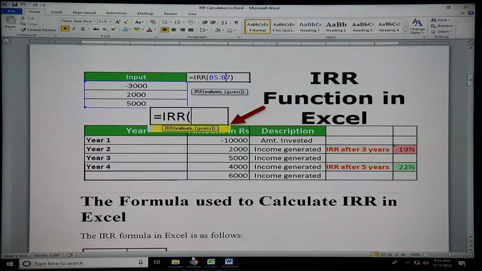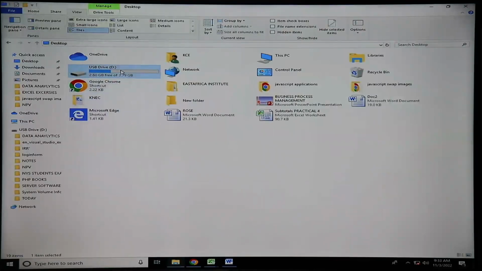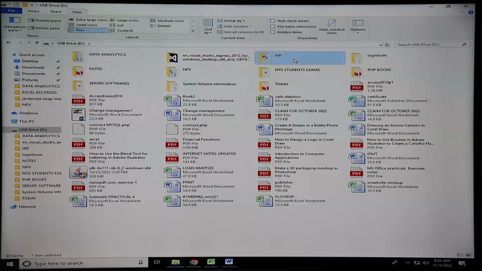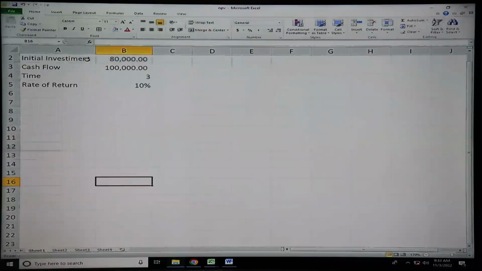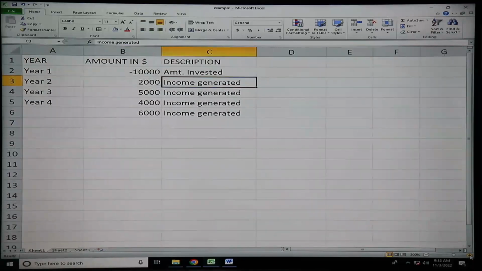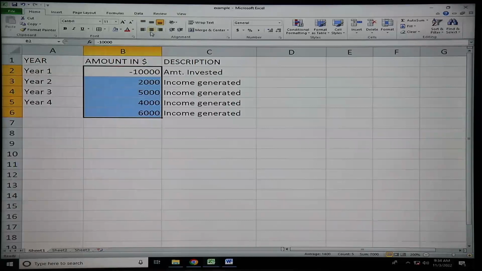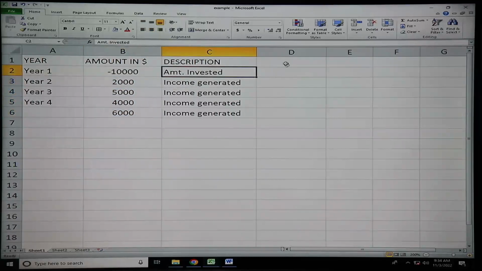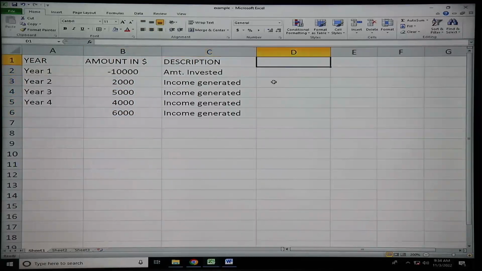So I open it in Excel and that was our worksheet. We can align our figures properly. And here you are supposed to generate some info, that is the rate.